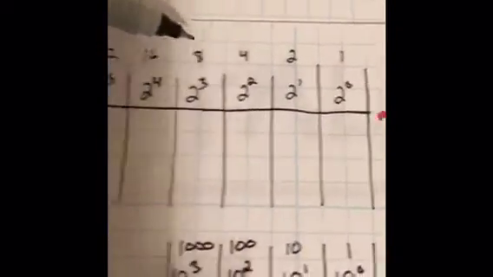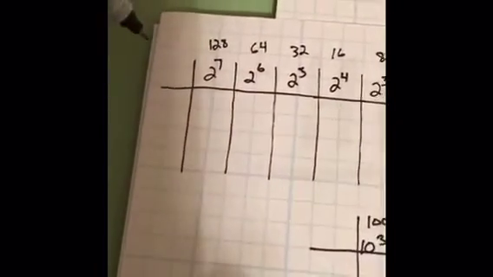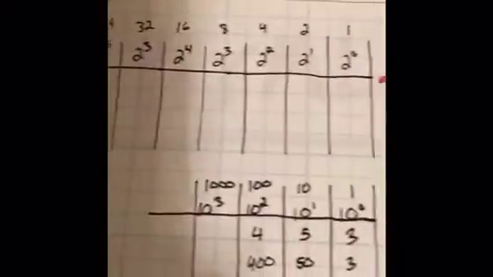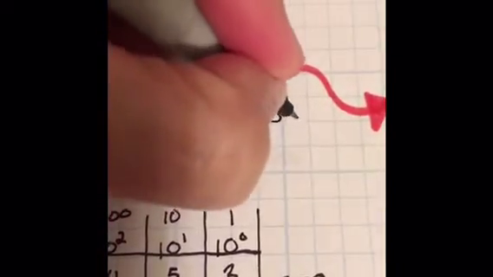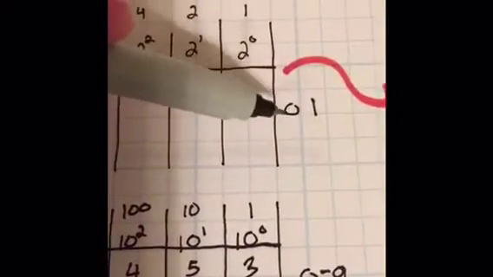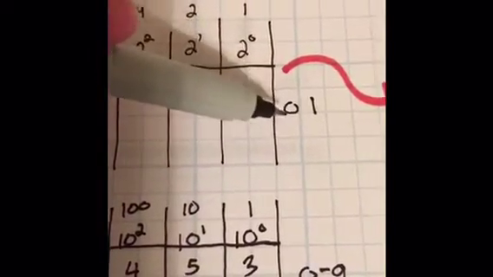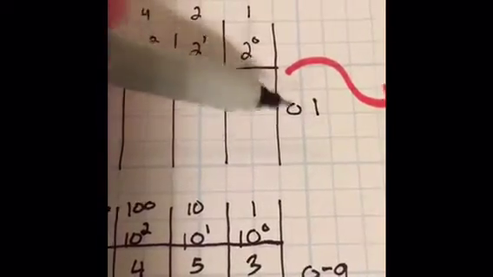So 1, 2, 4, 8, 16, 32, 64, 128, 256, 512, 1024, so on and so forth. Since we only have 2 digits we can write in here, either a 0 or a 1, 1 being on, 0 being off, true, false, the transistor is allowing electricity through, or not allowing electricity through.